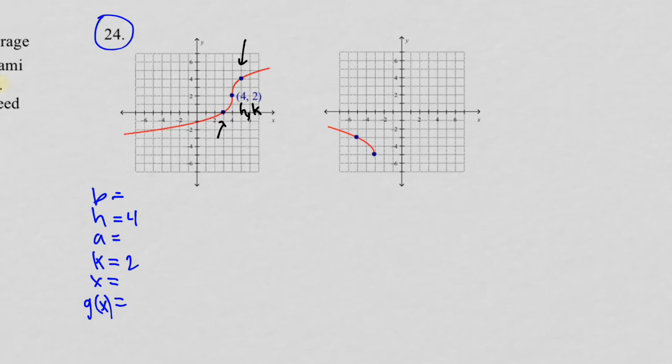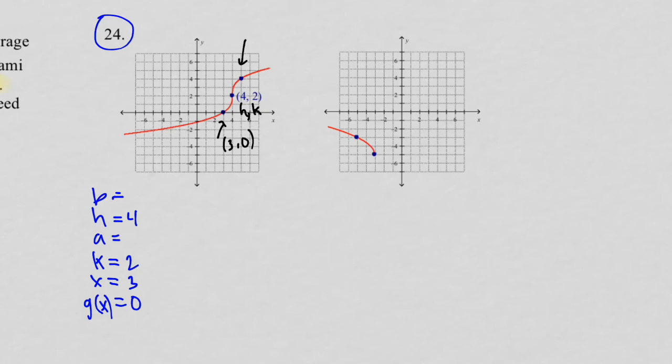Either one of those two is your x, g of x. Doesn't matter which one you choose. I think I'm going to choose this one because it has a 0 in it, and everything that has a 0 is, not always, but most of the time, easier. So that's going to be 3, 0. That's my x, g of x. 3, 0.